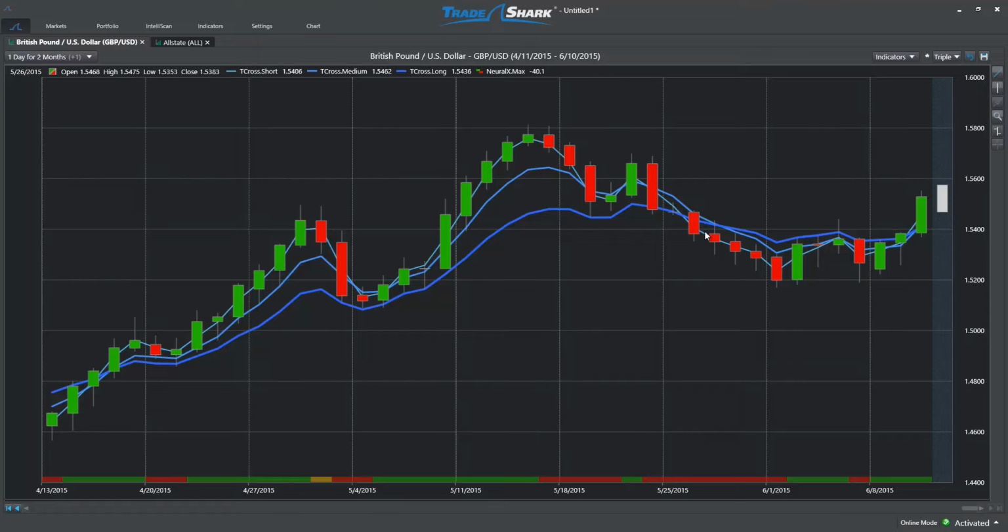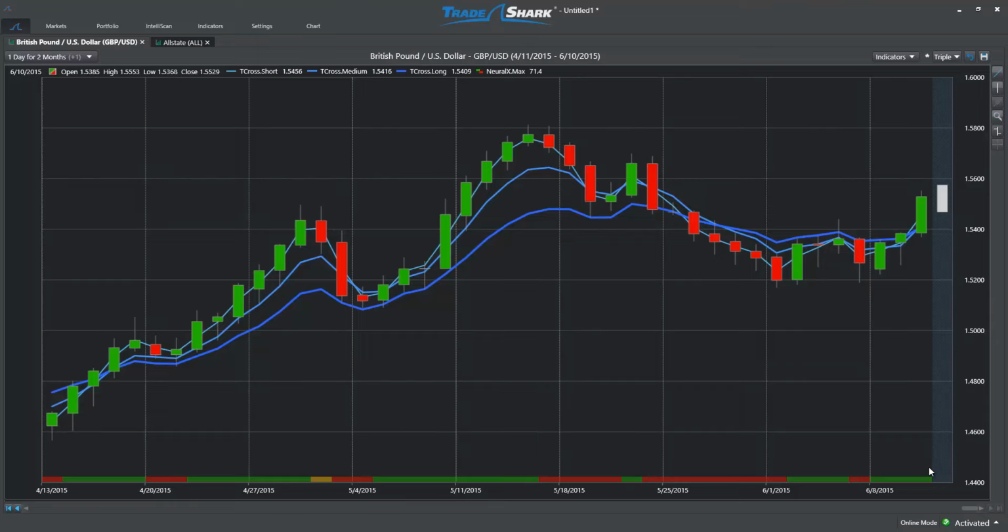However, let's look at this next example where the triple cross goes bearish. The market does trend lower, but as expected, consolidates toward the long-term average. This is certainly an area of resistance, as we will see the market trade lower off of this level. However, notice how the Neural Index remains quite bullish, signaling that this is not the time for a continuation trade.